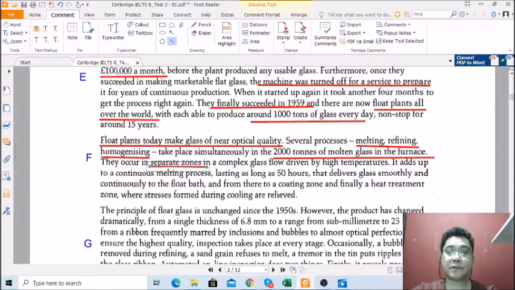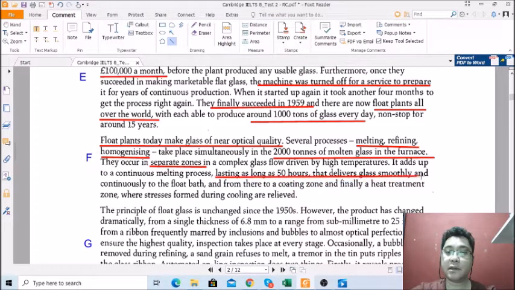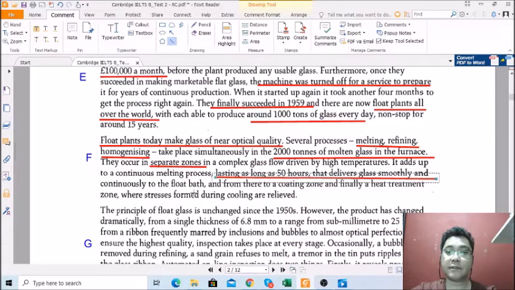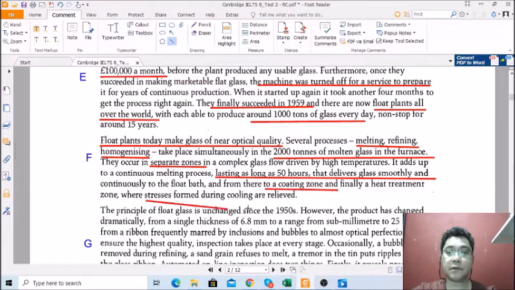It adds up to a continuous melting process lasting as long as 50 hours, but that delivers glass smoothly and continuously to the float bath. And then that goes to a coating zone, then finally a heat treatment zone where stresses formed during cooling are relieved. So that's very important. So that's all about F.